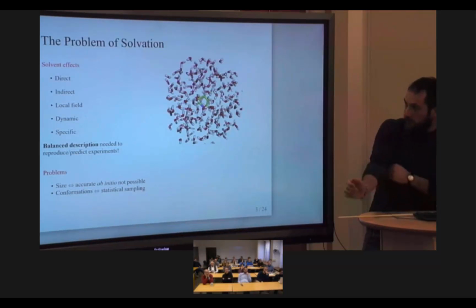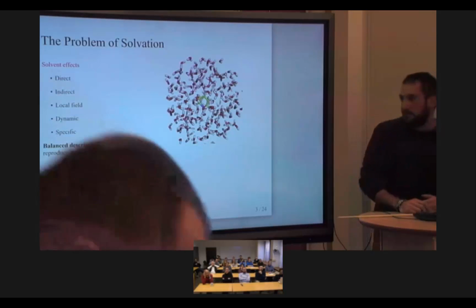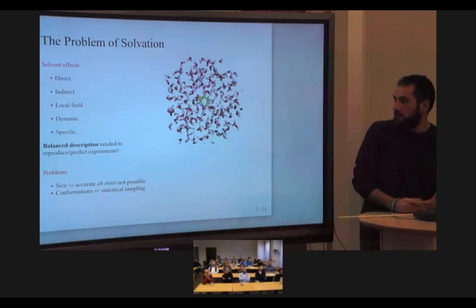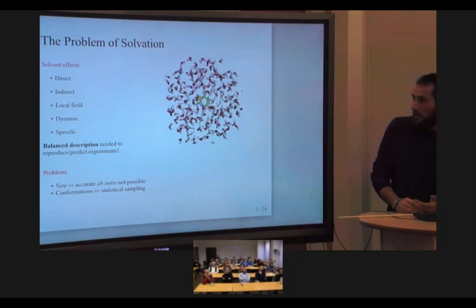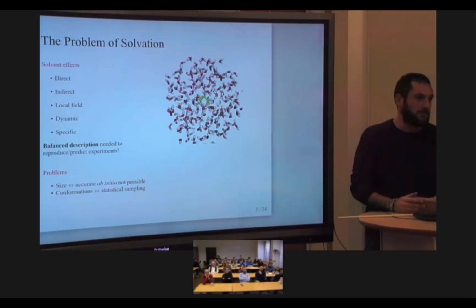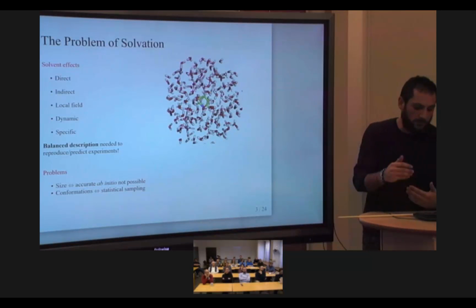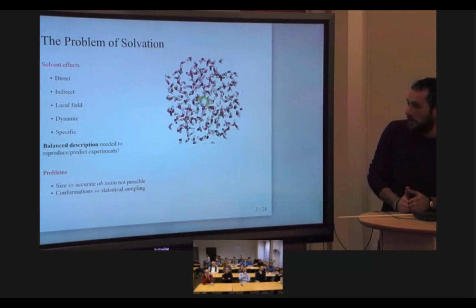Okay, so what's the problem domain? So we are interested in treating systems that are in solution, so molecules or molecules in complex environments. It is clear that these types of systems have great relevance for chemistry, of course, because chemistry almost always happens in solution, and there's a number of effects that we have to be able to describe in a balanced way if we want to be able to reproduce or predict experiment.